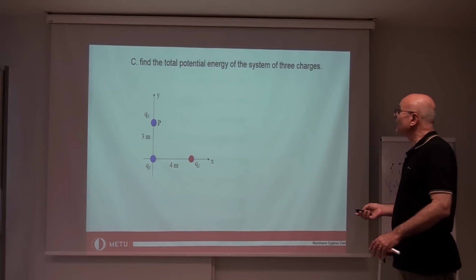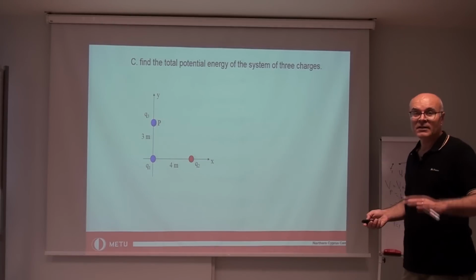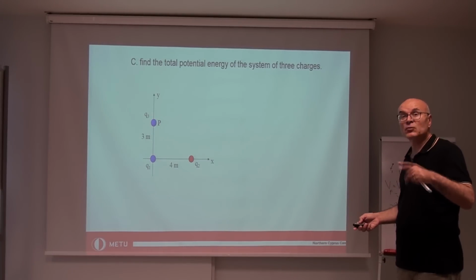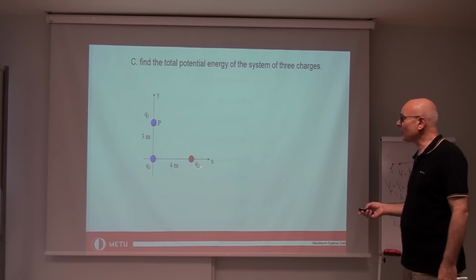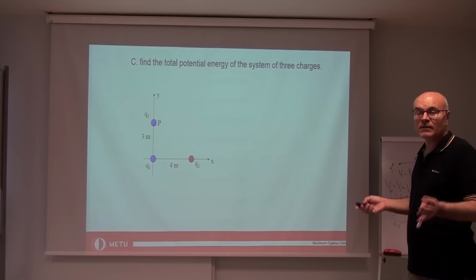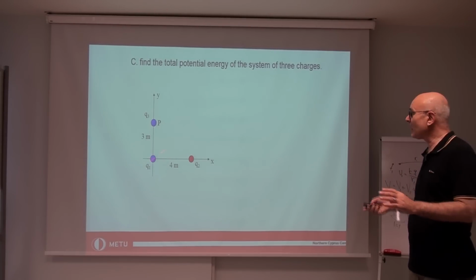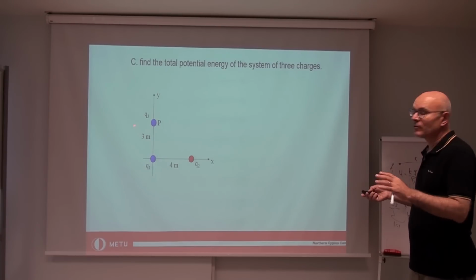Now find the total potential energy of the system of three charges. Now I want to find what is the total energy of the system of three charges. In other words, what is the total work done by external force to assemble these three charges? Start from Q1, for example, alone, then bring Q2 in, then bring Q3 in.